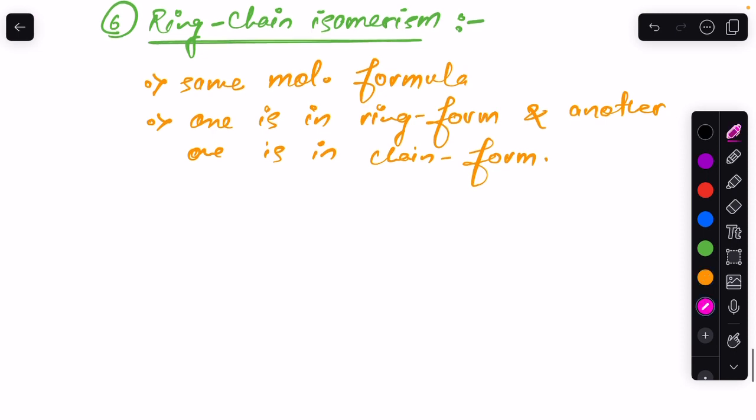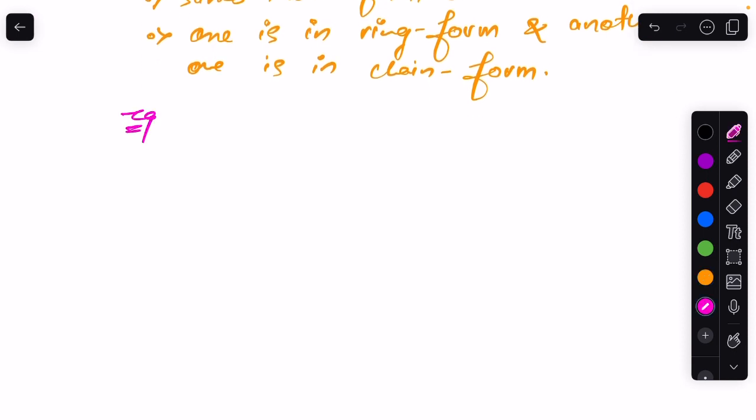Let's have a look into the examples. So first example we have CH3 CH double bond CH2. This can be written in a cyclic form as cyclopropane. This one is prop-1-ene, or can be written as propene, and cyclopropane.